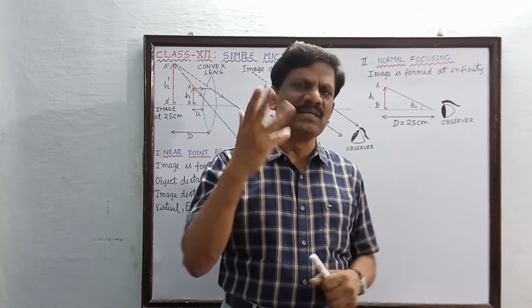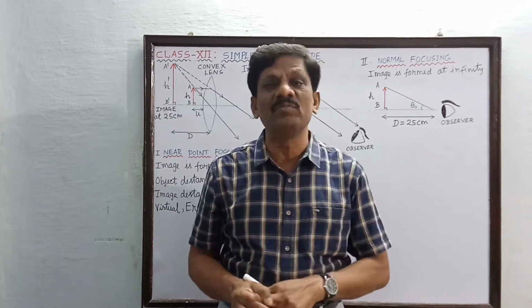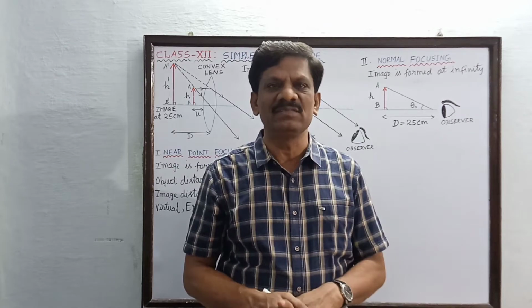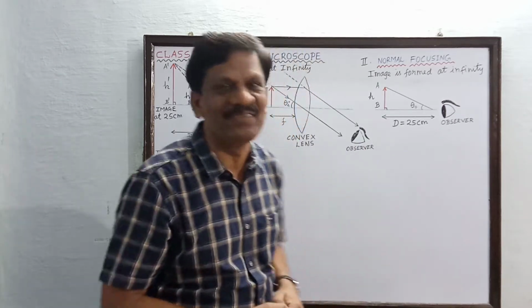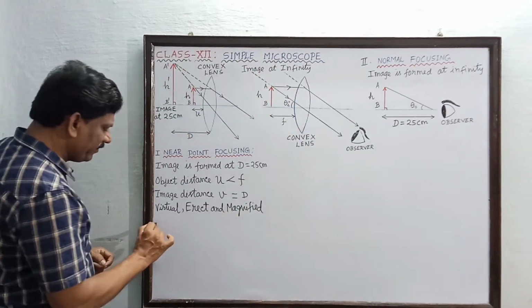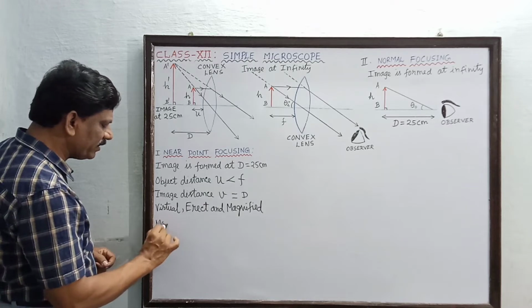Now the size of the image divided by the size of the object is called magnification. We want to get an expression for the magnification. So I will write magnification.